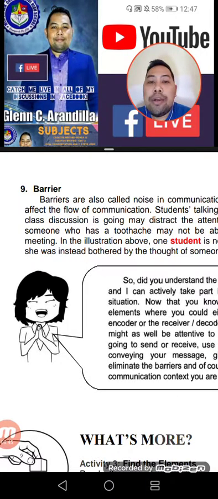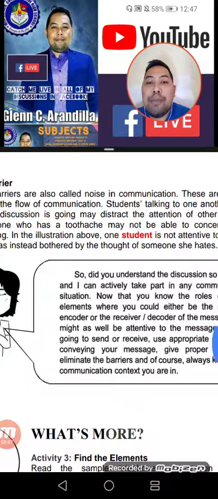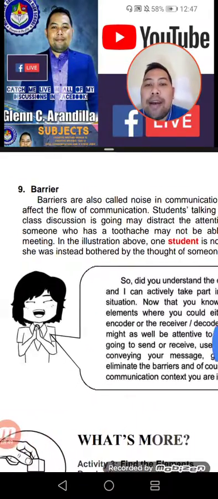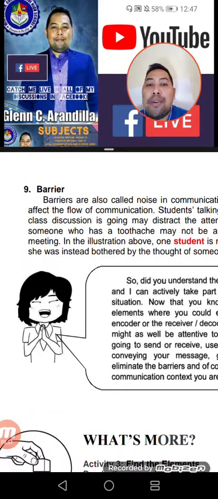The barriers are called noise in communication. These are the factors that affect the flow of communication. It's like the barriers, very familiar when the pandemic happened, the very controversial barriers for motorcycle riders, just to prevent the spreading of the virus.